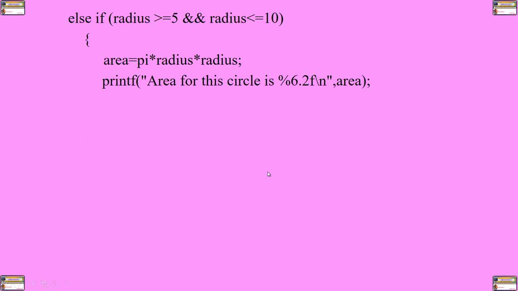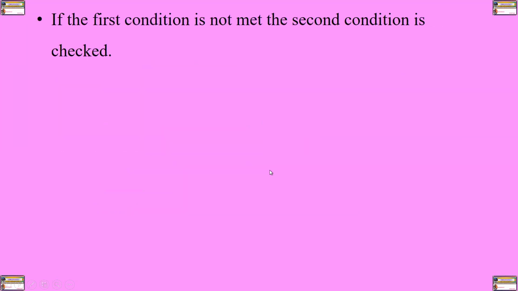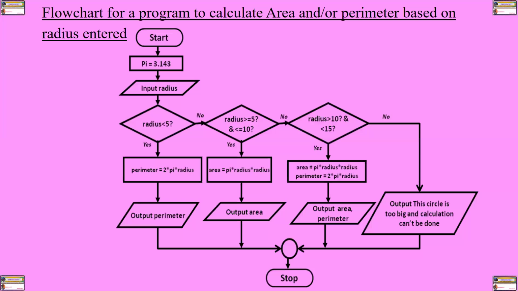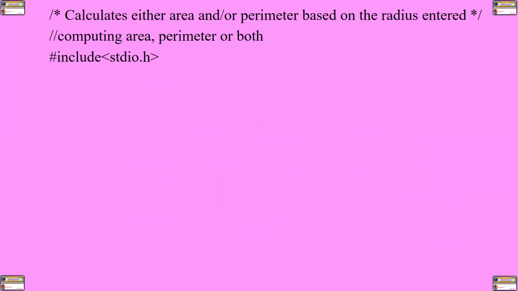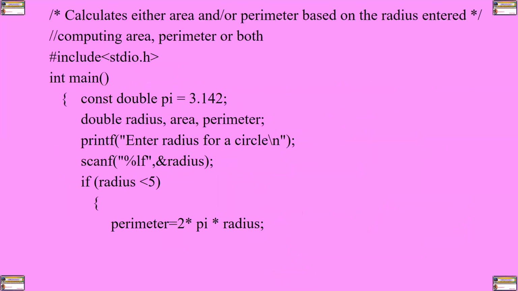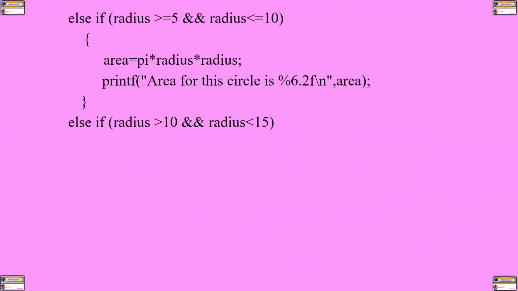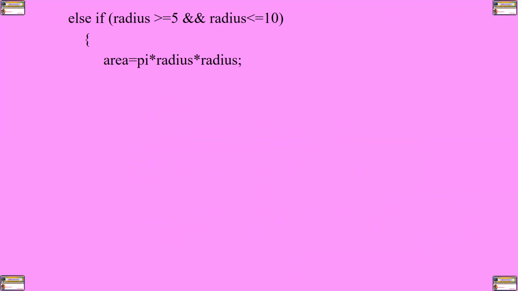Now note here, as I repeat, I want to check this section. We have begun by computing the perimeter here. Then in this next section, when the condition evaluates to true, we compute the area.